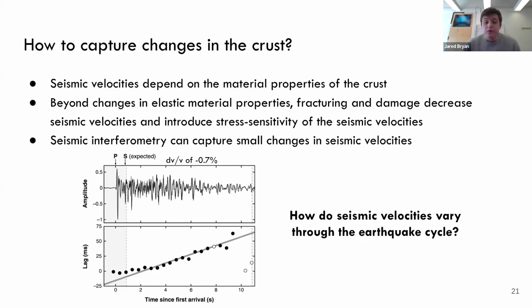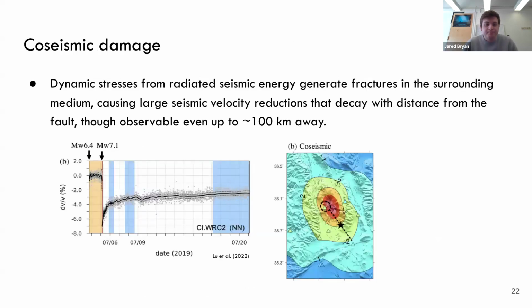And then we want to use those measurements of seismic velocities and track them through the earthquake cycle to learn something about how those fault zone materials behave. So some of the classic observations of seismic velocity changes through the earthquake cycle, first of all, are the signature of coseismic damage. This is an example from the 2019 Ridgecrest earthquake.